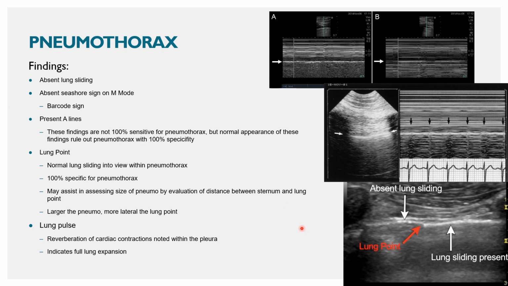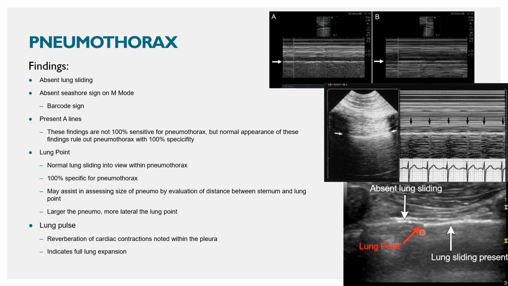Now, if you look down here you can see the lung point where the practitioner has evaluated. They see that they have absent lung sliding here at the pleural interface, and yet they find in another region they do have lung sliding.